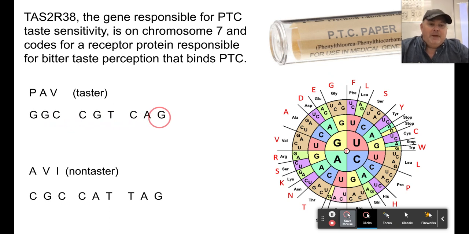This is on my DNA molecule. Well, the non-taster, you'll notice that the C here has been replaced, or is replacing a G. And then it looks like the rest of this is pretty similar. Here's another difference right here, the A instead of a G, and then the T instead of the C. So there's a couple differences here.